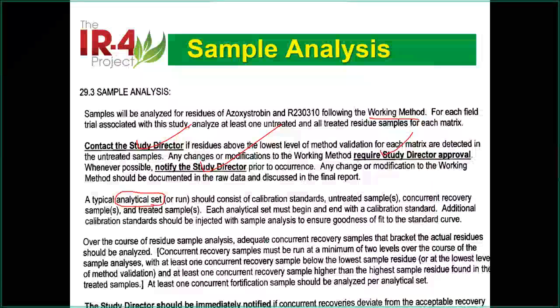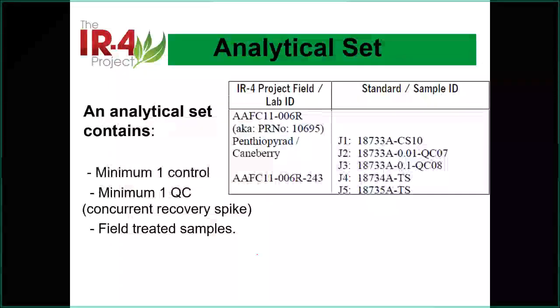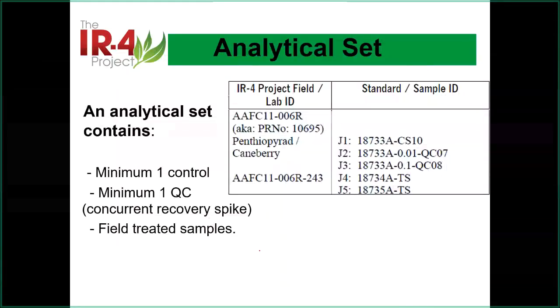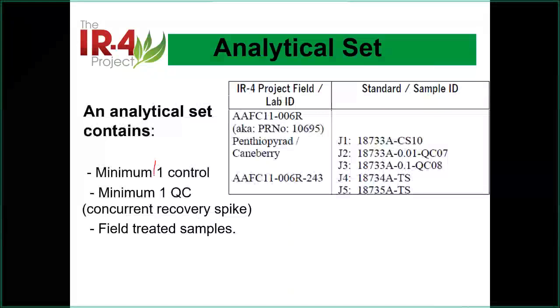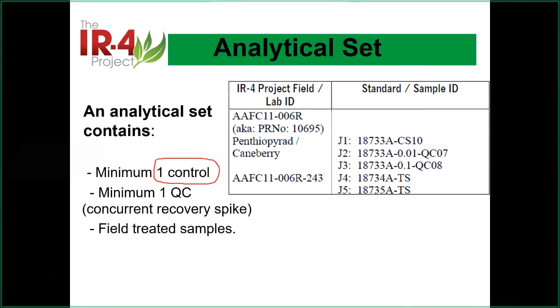So what is the set? Okay, the set is like this, as we weigh in the balance. The minimum requirement is you need to have at least one control. Some places, depending on how you say it, call it solvent blank or matrix blank. Then you have more than that.